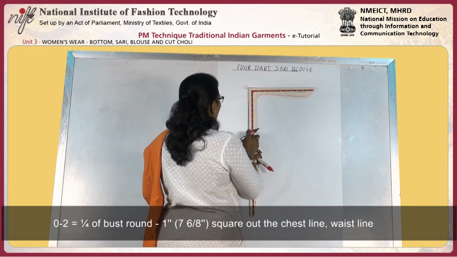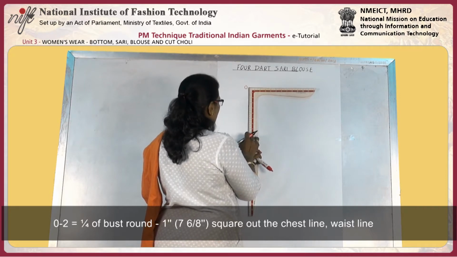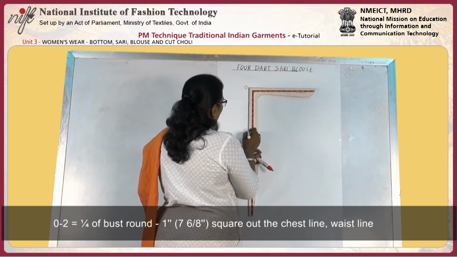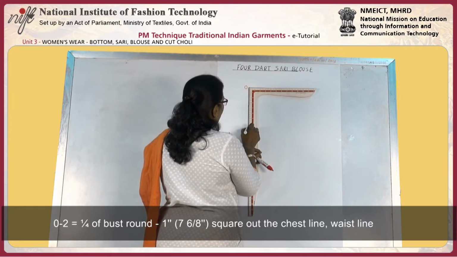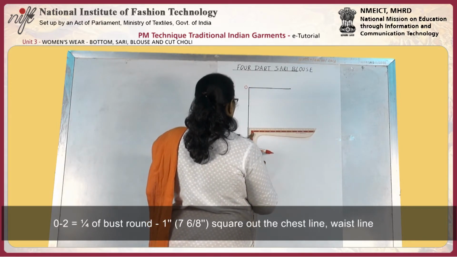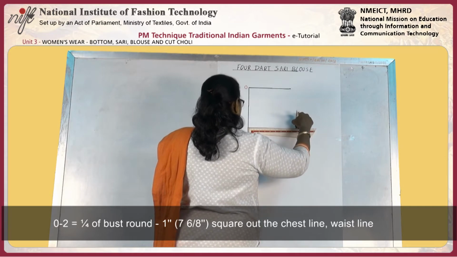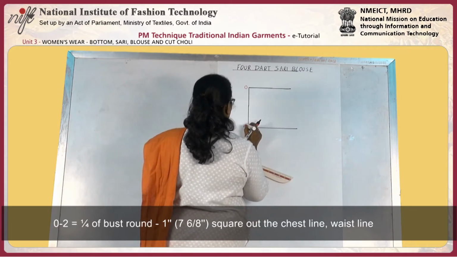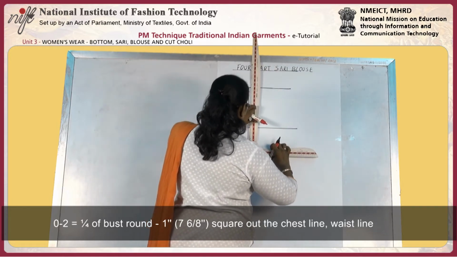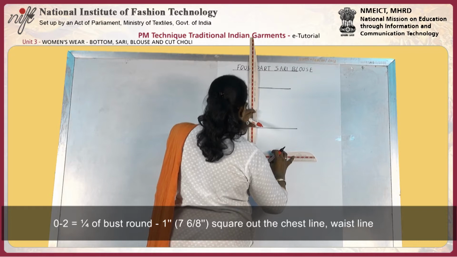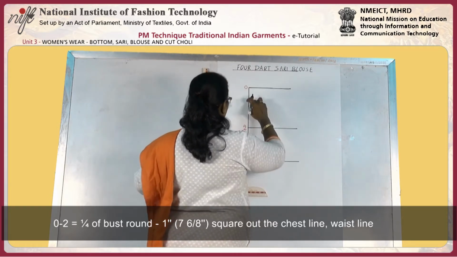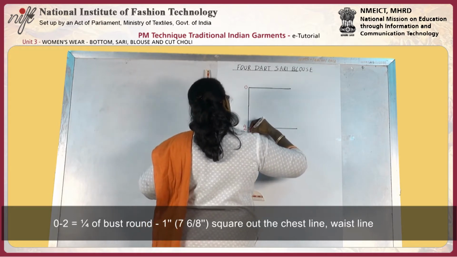So, 8 6/8 minus 1 inch is 7 6/8, and draw a perpendicular line at 2 and then take a perpendicular line at 1 also, and this line is the center back line.